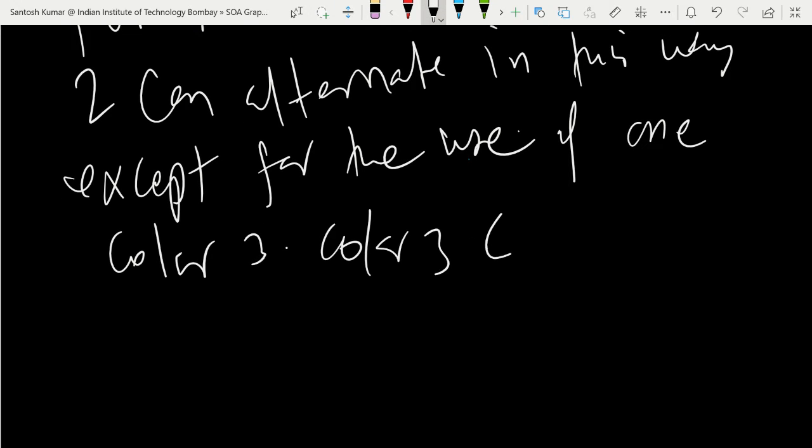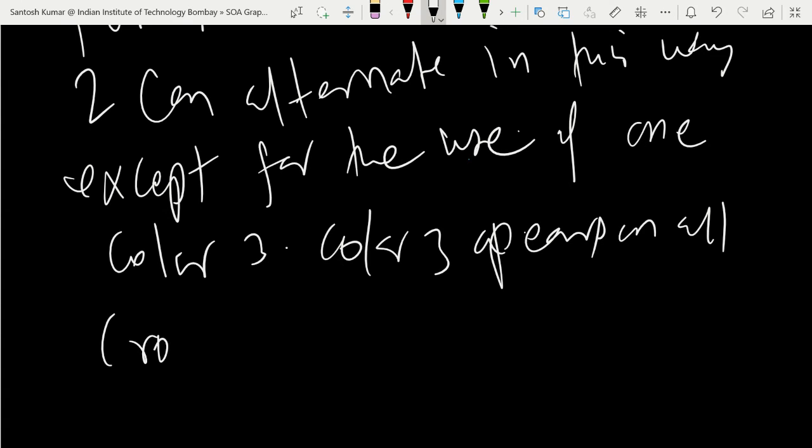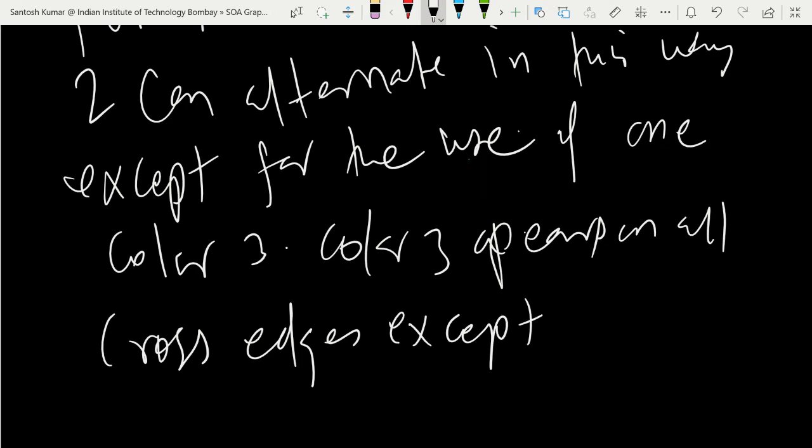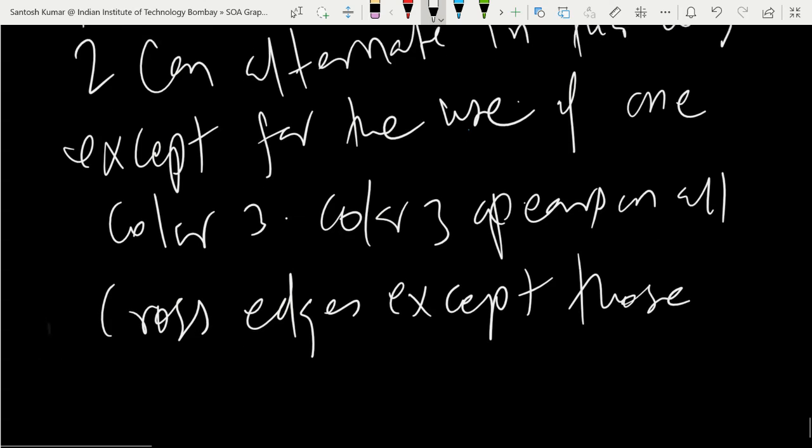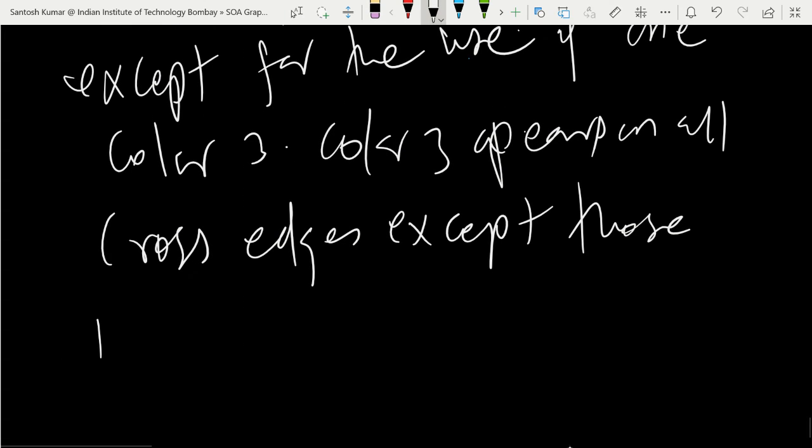And color 3 appears on all cross edges except those incident to the edges where color 3 was used.